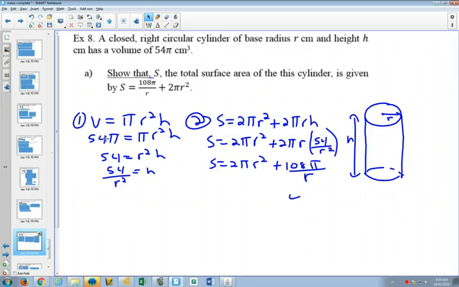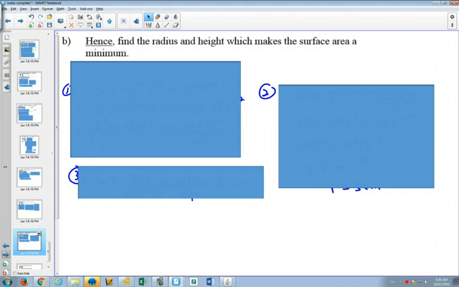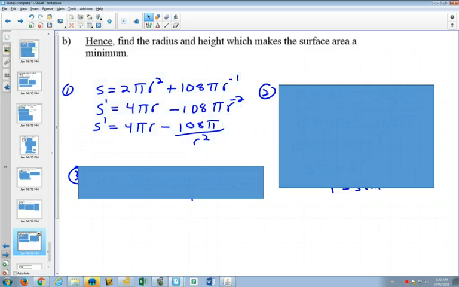The reason that's important is because in part B, we're asked to find the radius that makes the surface area a minimum. And so we can take the derivative and solve for this. And this becomes an important question. If we think of a real-life application of this, we see cylinders all over the place.